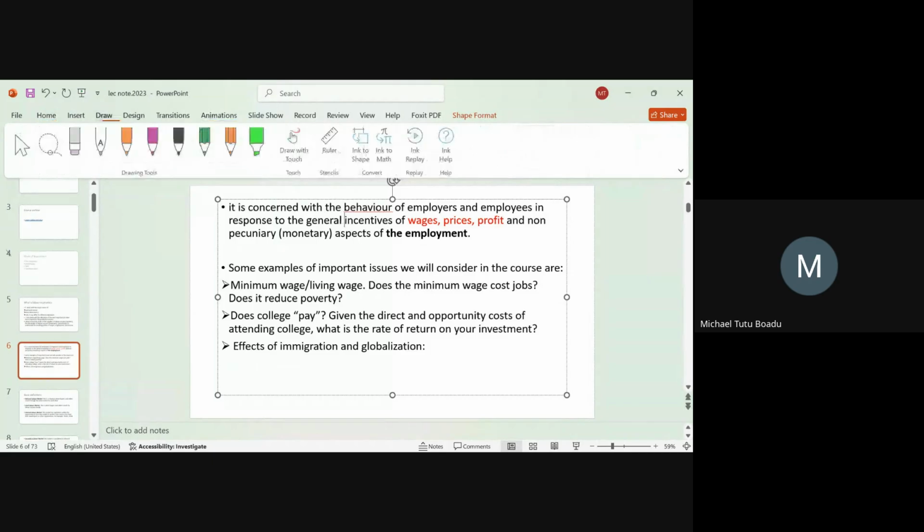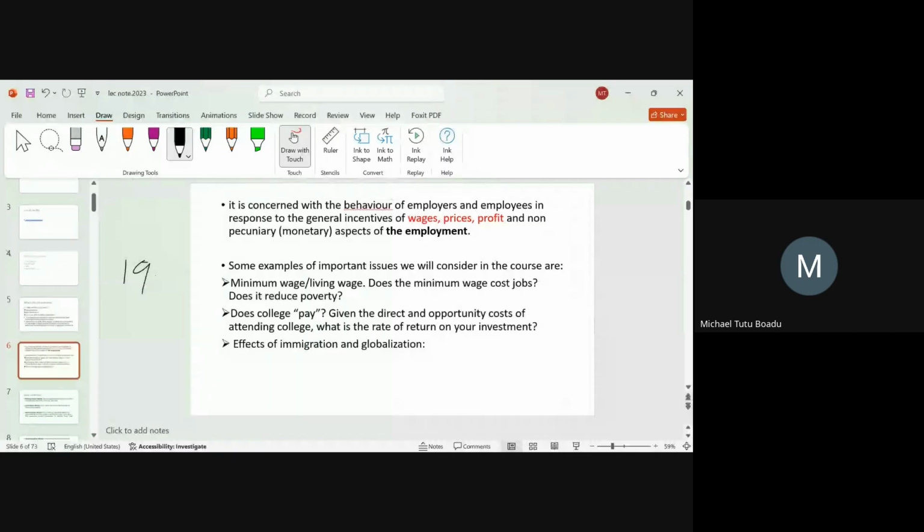A number of factors are considered in adjusting the minimum wage. It is 19.97 as we speak. It means that if you employ somebody, the lowest per day you have to give to that person is 19.97.